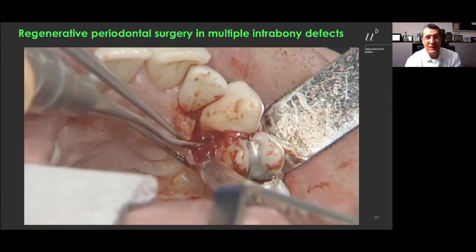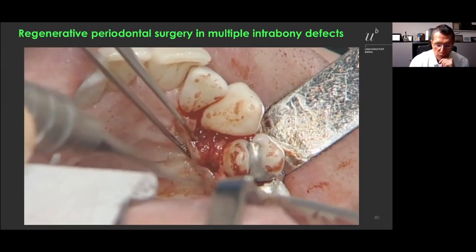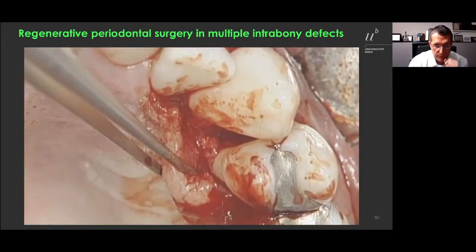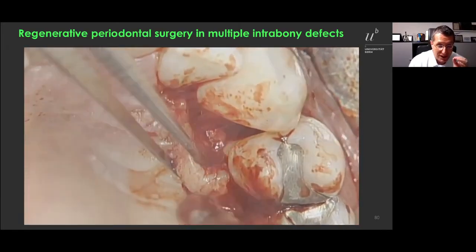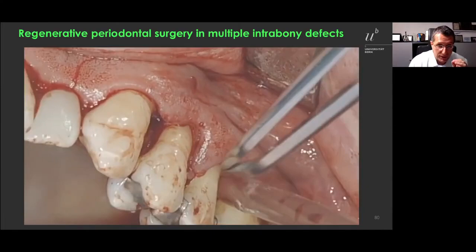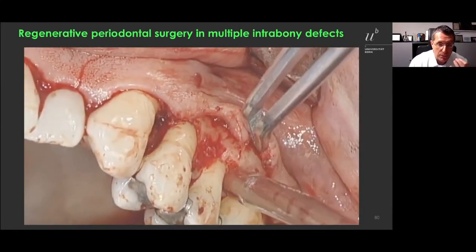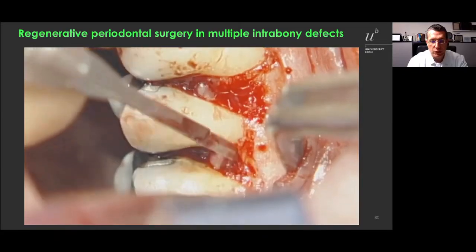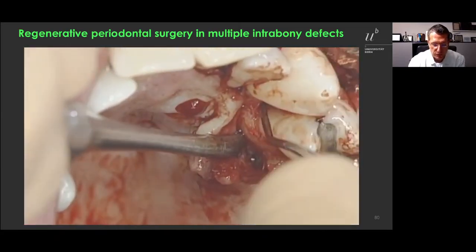That's why it is very important to perform the non-surgical treatment before, in order not to have a heavy inflammation. Because if you have an inflamed tissue, it is much more difficult to cope and not to traumatize these tissues.